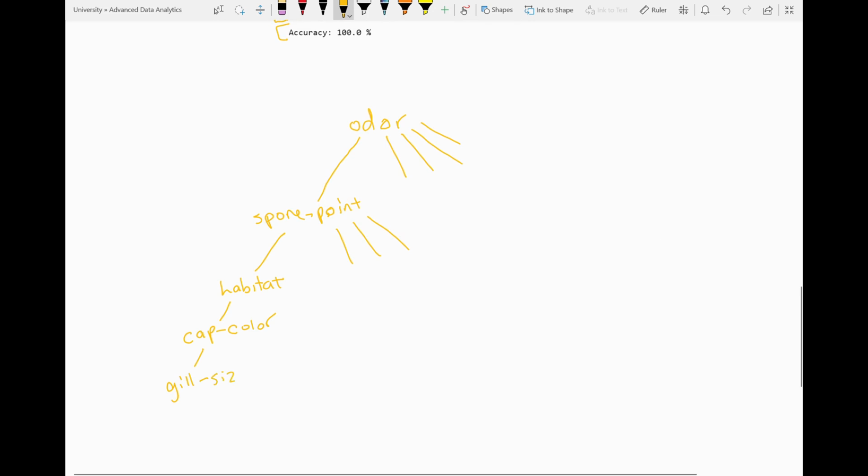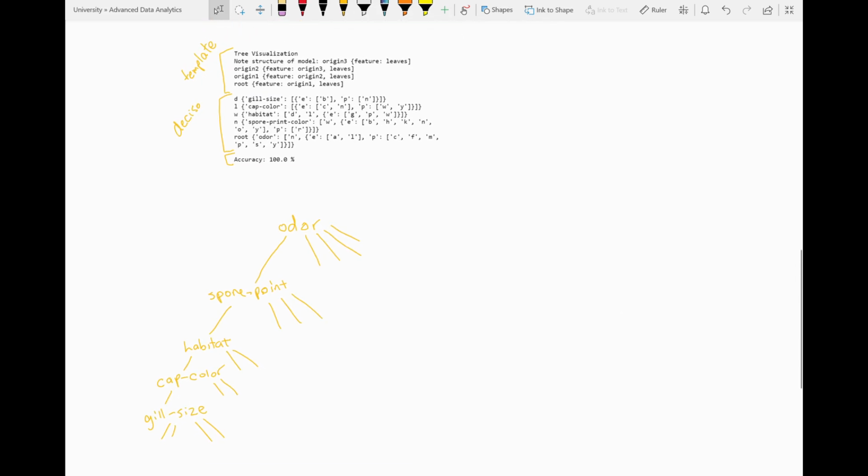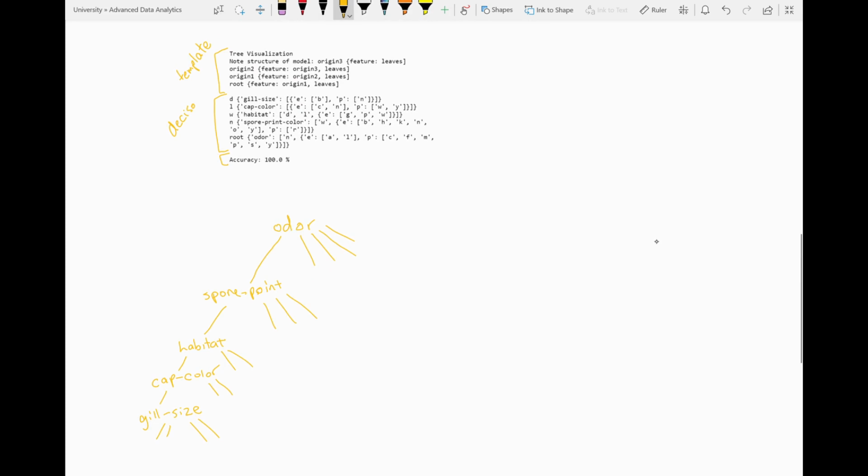So this is a rough visualization of what the text represents here. This is the decision tree, the ID3 algorithm that came up, and this model produces 100% accuracy over the test data supplied.